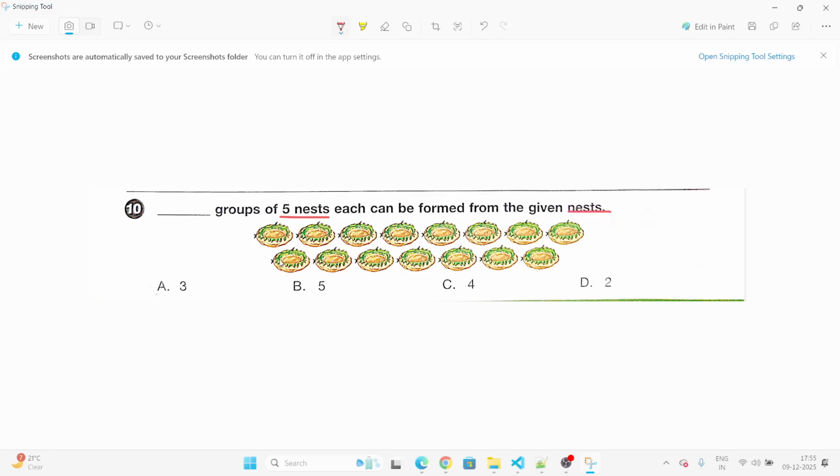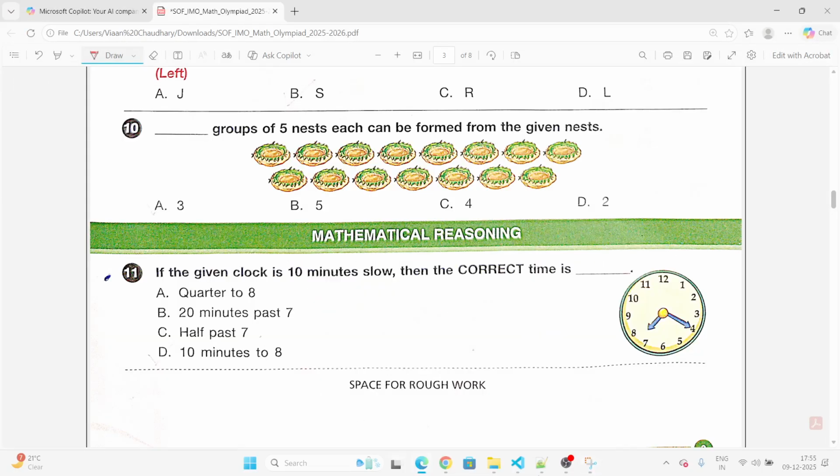So let's start making the groups of 5 nests. 1, 2, 3, 4, 5. 1, 2, 3, 4, 5 till here. And then we have 1, 2, 3, 4, 5, and then, sorry, let me take another snap, it's not going to work.